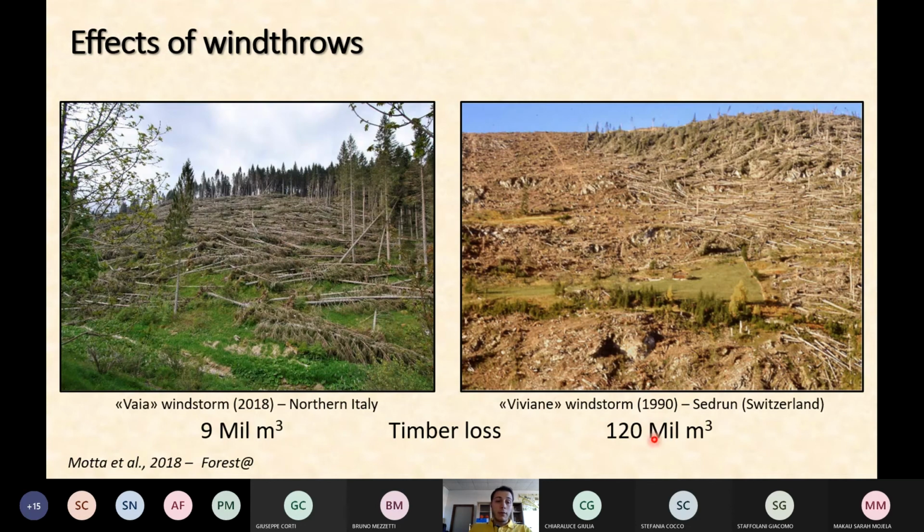We can see now some effects of the wind throws, which are mainly caused in northern and central Europe by the landscape homogeneity of the forests.